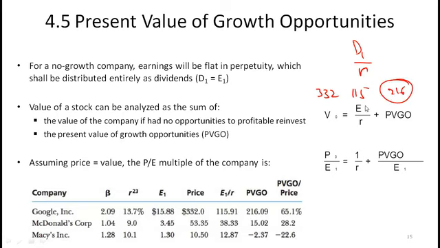That 216 must be coming because of the growth opportunity. And since that's the price now at time 0, this must be the present value of the growth opportunity.